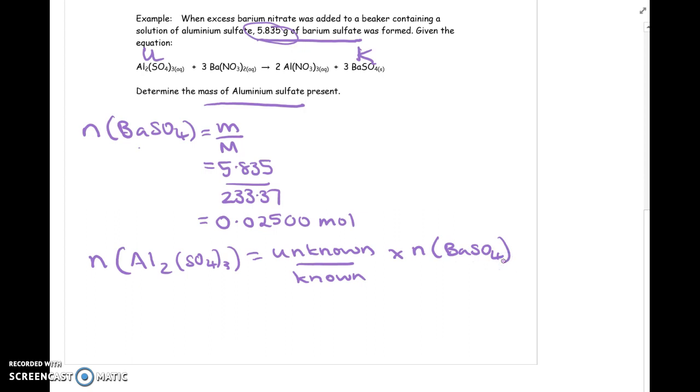The unknown's coefficient is 1. The known's coefficient is 3. The moles of barium sulfate is 0.02500. So in this case, our stoichiometric ratio gives 8.33 by 10 to the negative 3 moles. Now once again, I'm still storing this information for later use.